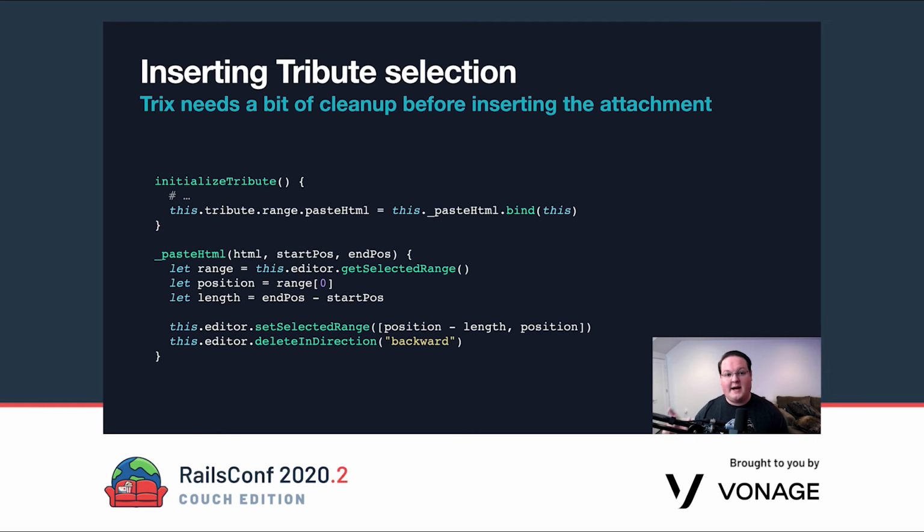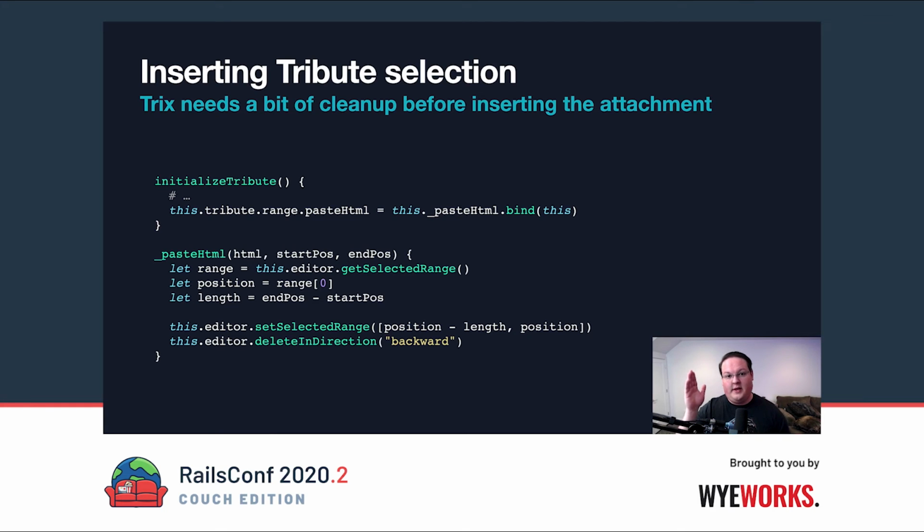So we can actually interact with Trix to go and select the text you've already written. If we grab the current position in Trix and we move backwards the amount of characters you typed, like the @ symbol and the HENR for Henry, we could basically highlight all the way back to the @ symbol and then delete it. And that's what this pasteHTML function is doing.